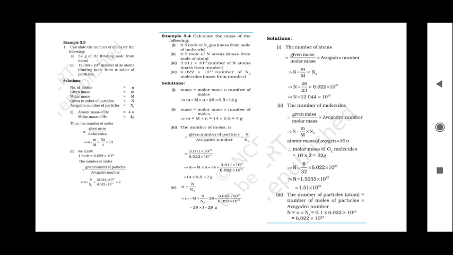Instead of n, we have to calculate small m. If you interchange the formula, mass is given by molar mass into number of moles.